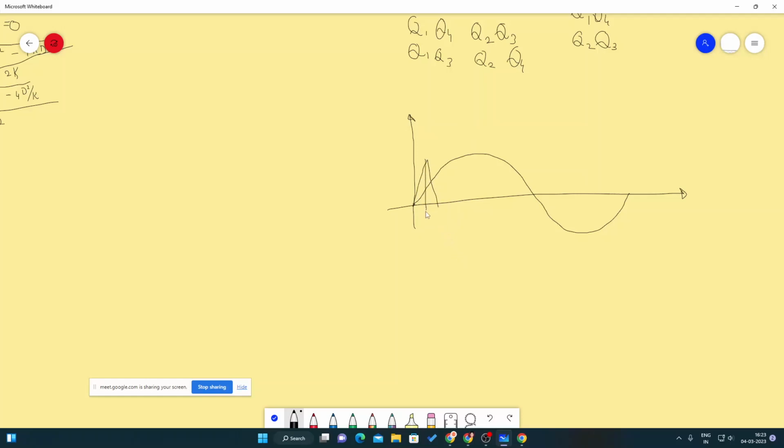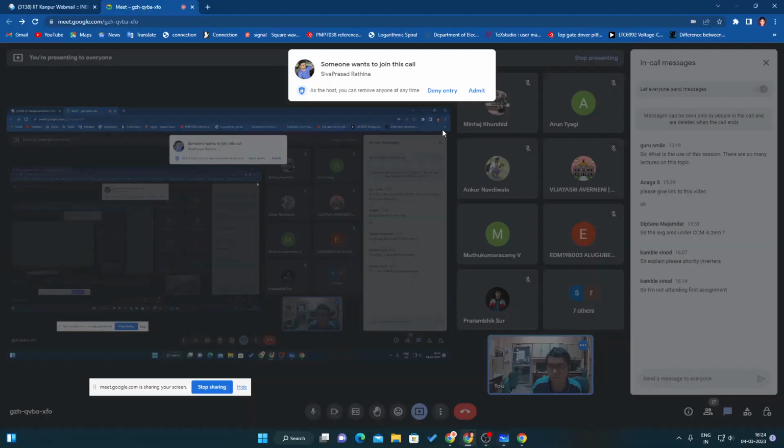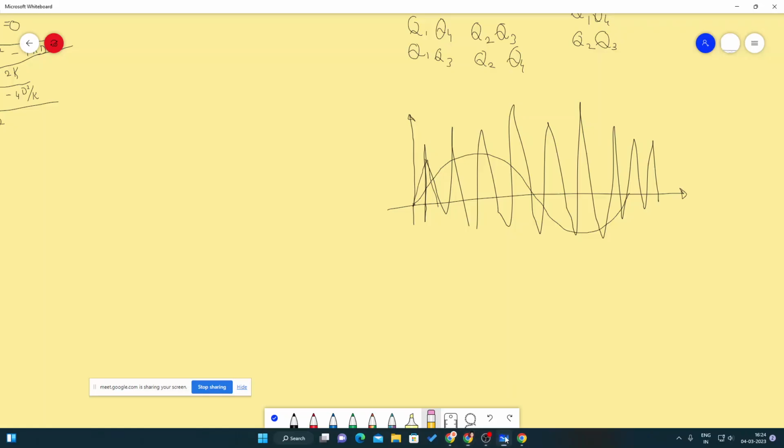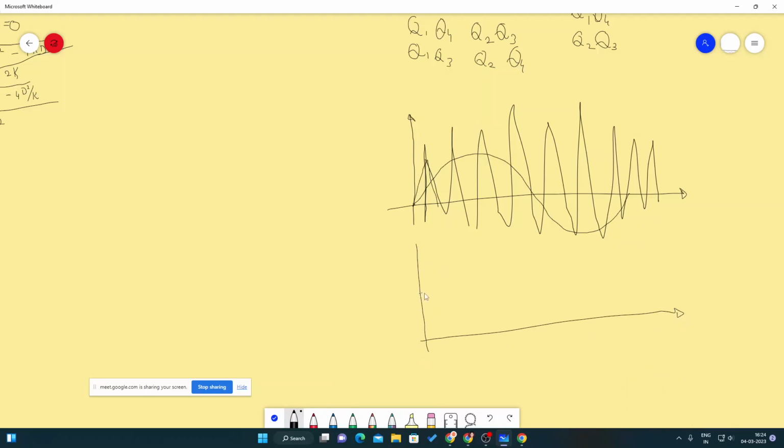So if you have a triangular wave like this, basically what you will get is some sort of pulses, like this, right?